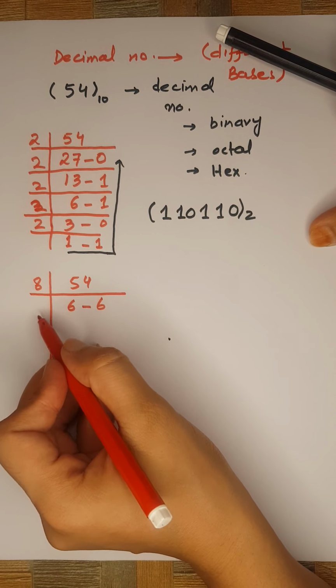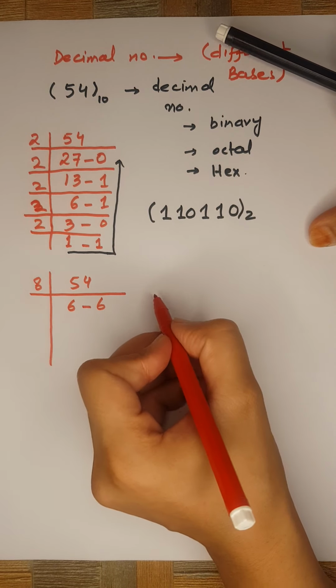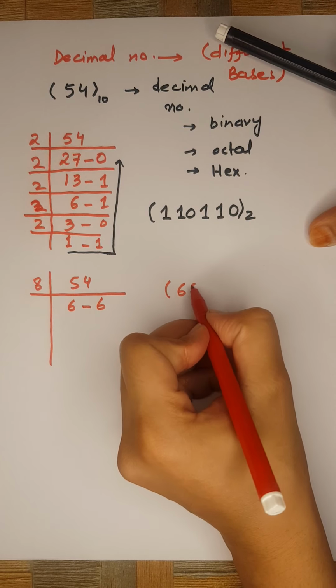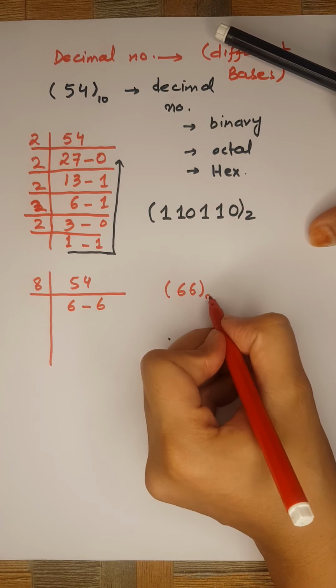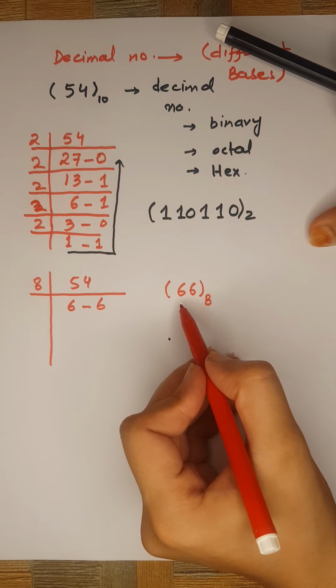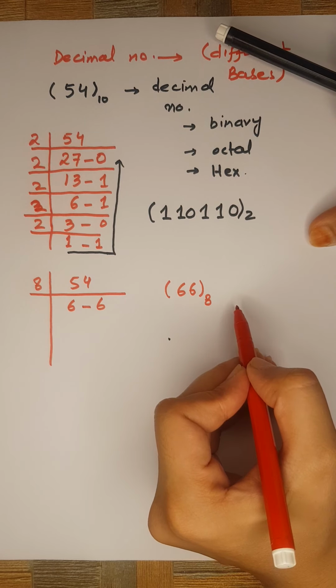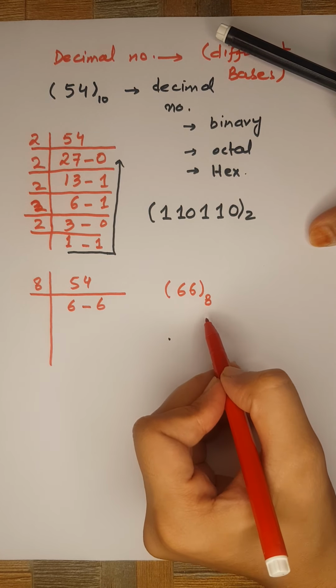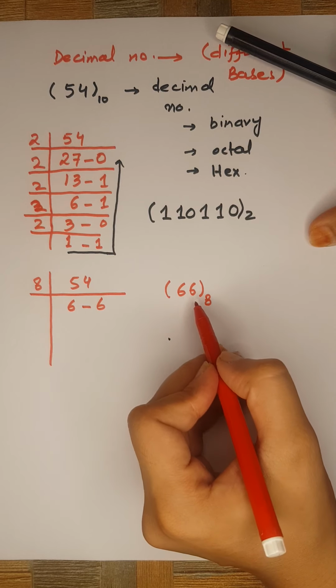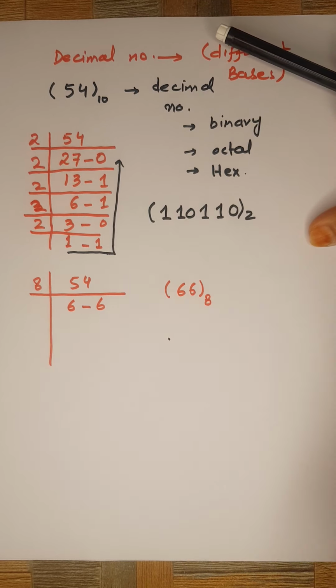Now you can see clearly no further division is possible, so 54 is equal to 66 in octal. 6 is a separate digit and 6 is a separate digit, so we will call it 66.